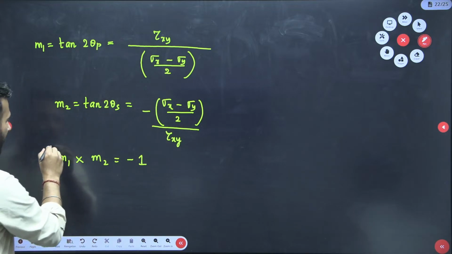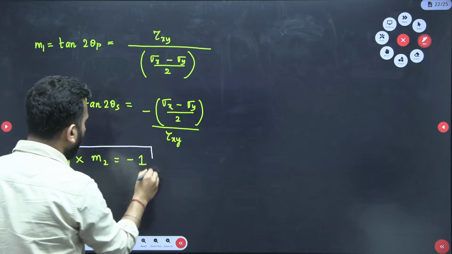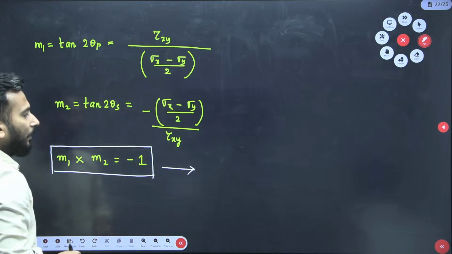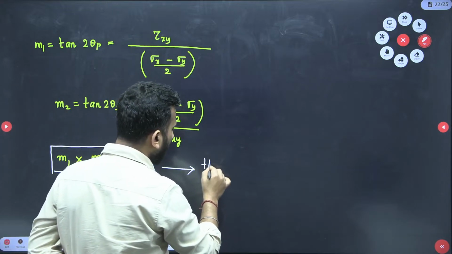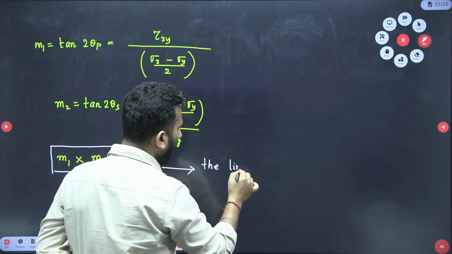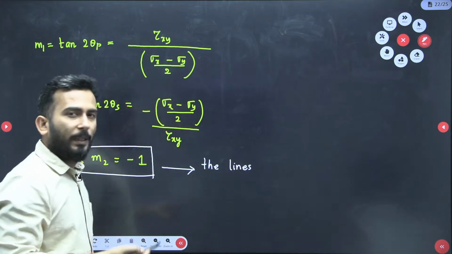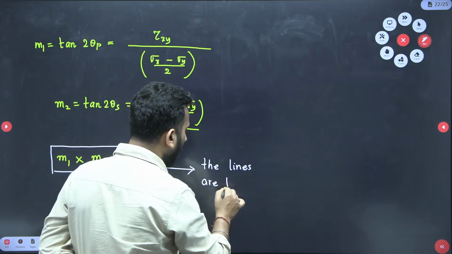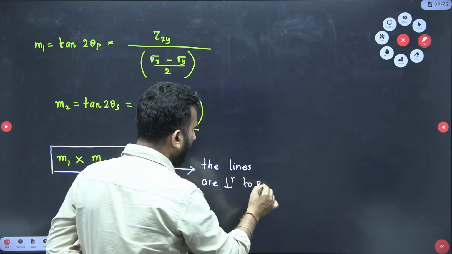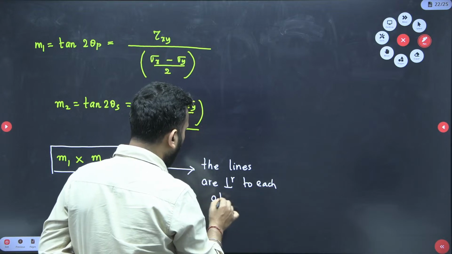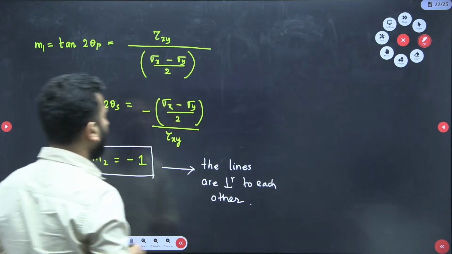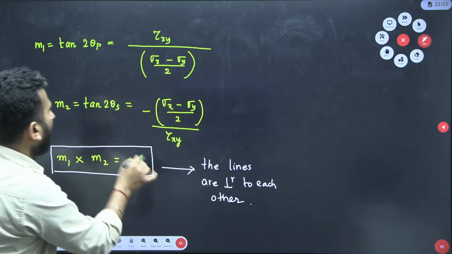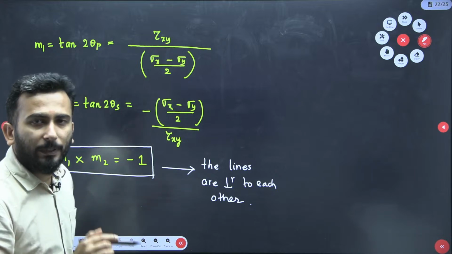So what does this mean? This means that these planes are normal to each other. The planes are normal to each other, or the lines are normal to each other. In 2D, a plane is represented by a line, so the lines are normal to each other. One thing you see, be very cautious with the angles.